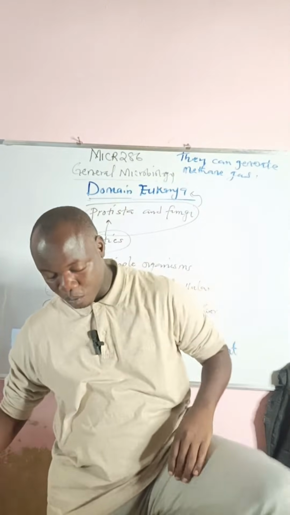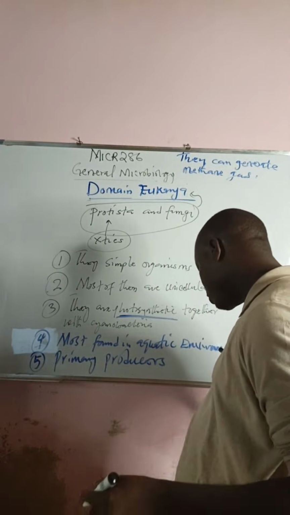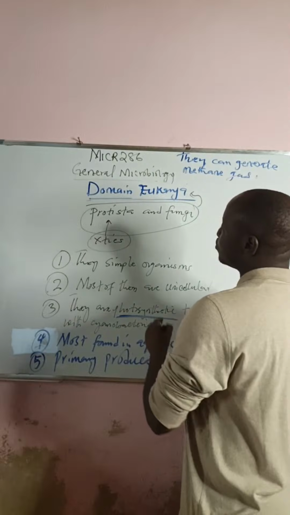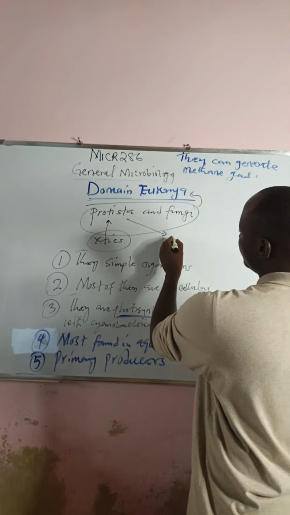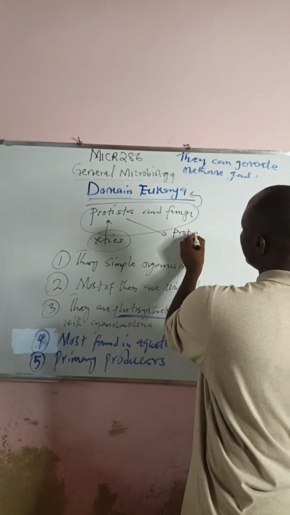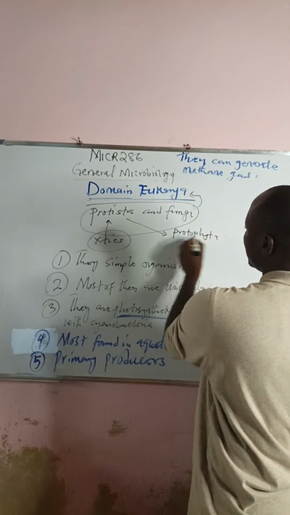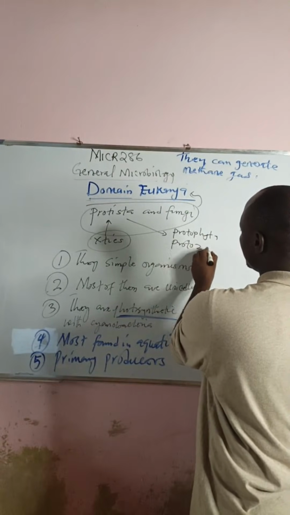So actually, kingdom protista is divided into two. We have protophyta, and we have protozoans.